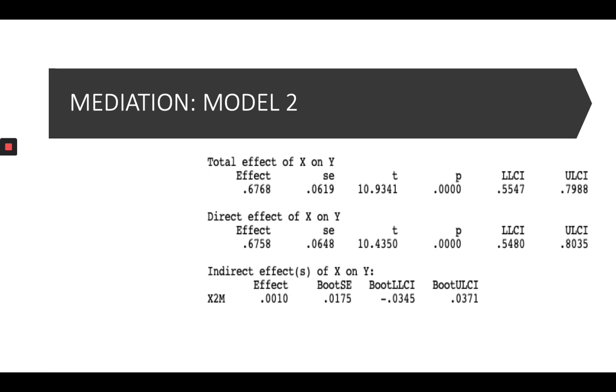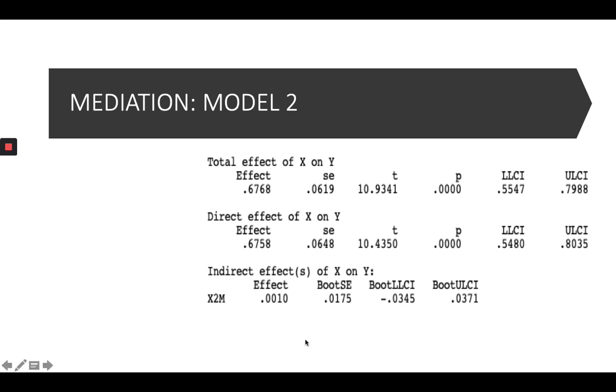So this is likely due to the direct effect of X on Y taking more control. That more likely has to do with the correlation that we would see between the mediator and Y compared to the correlation of X on Y.